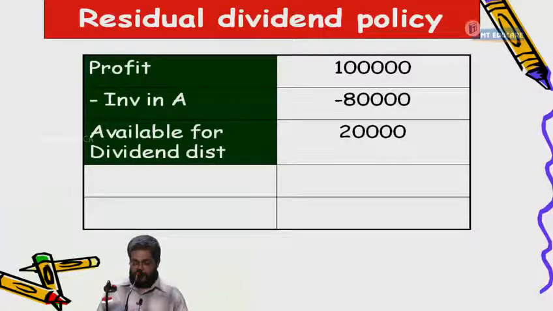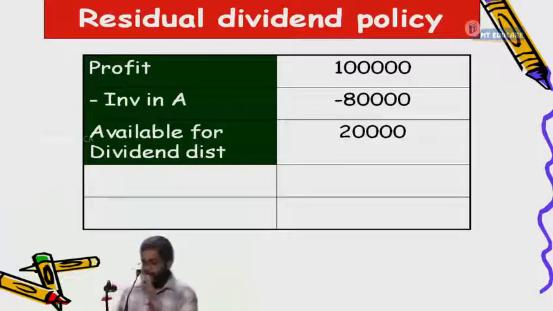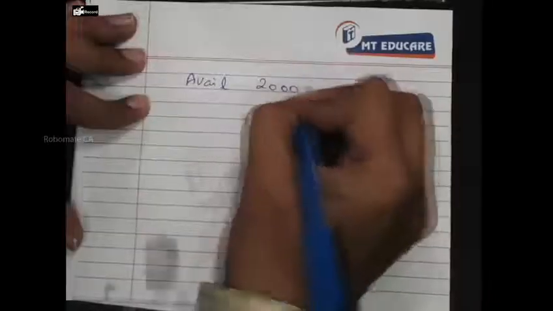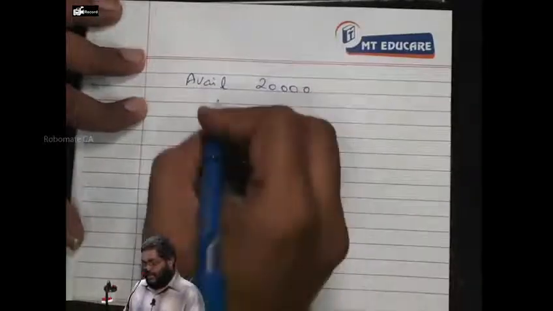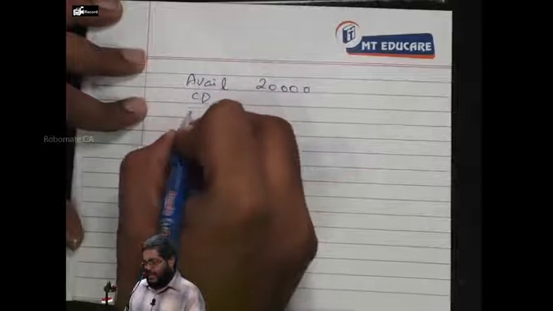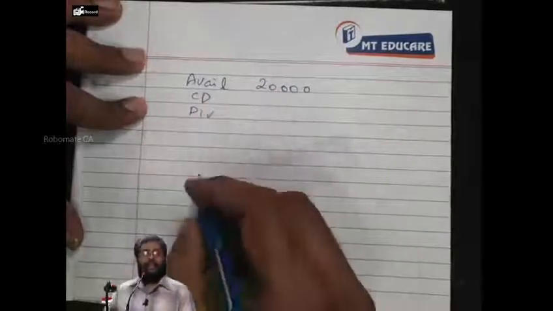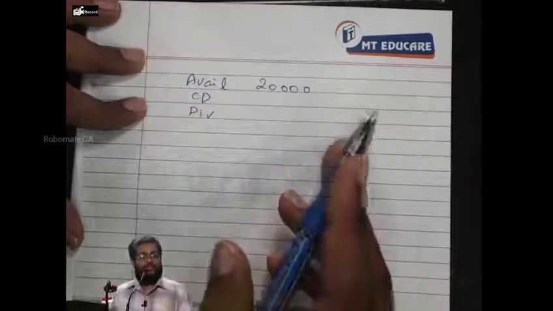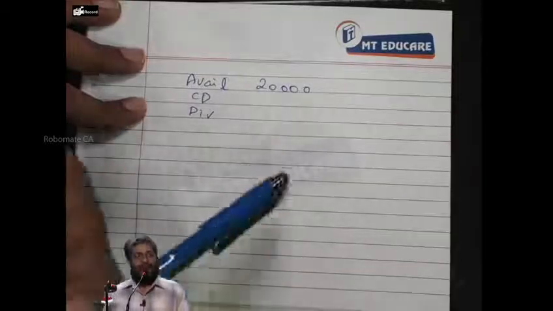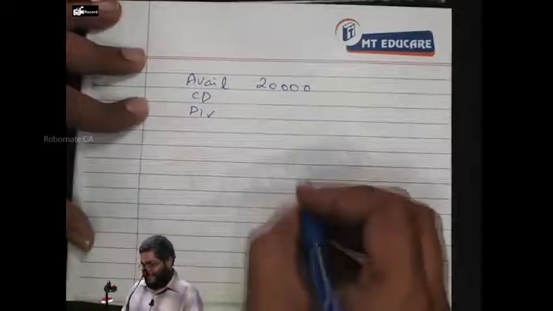Available, how much rupees? 20,000. In this, there is going to be CDT, corporate dividend tax.